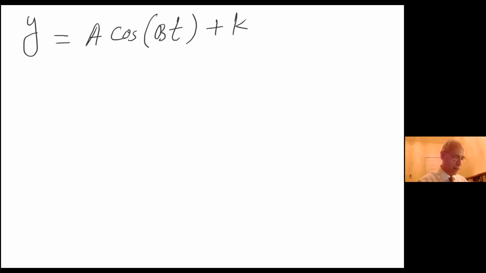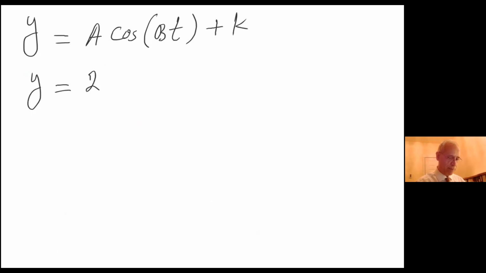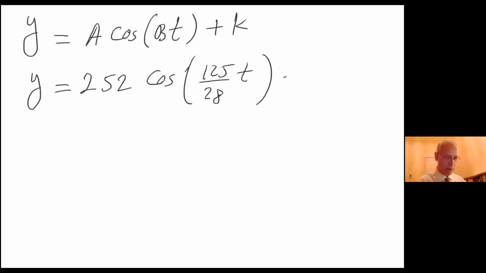So y equals the amplitude, which is half of the overall height, 252, cosine of B, 125 over 28 t, plus 336 for k.